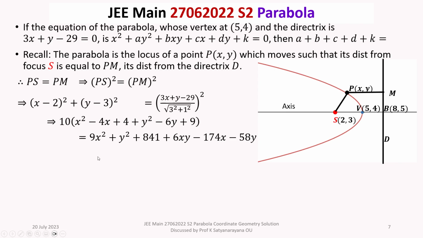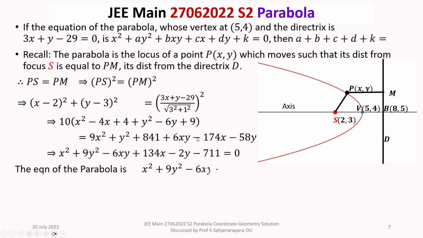Simplify. 10x square minus 9x square is x square. 10y square minus y square is 9y square. So likewise, we simplify it, we will get minus 6xy plus 134x minus 2y minus 711. That is the equation of the parabola.